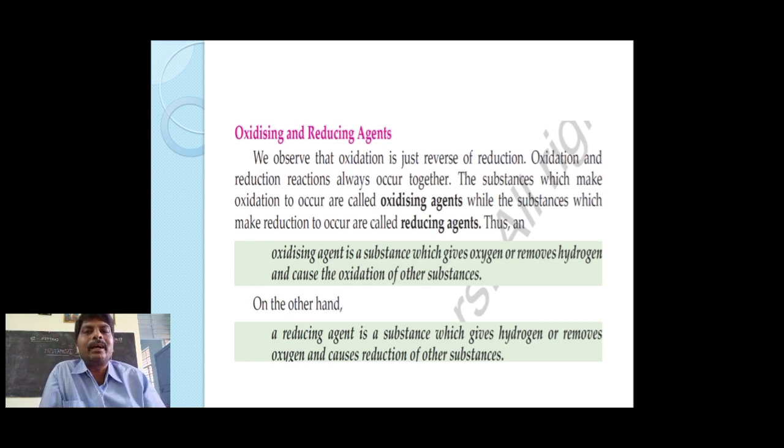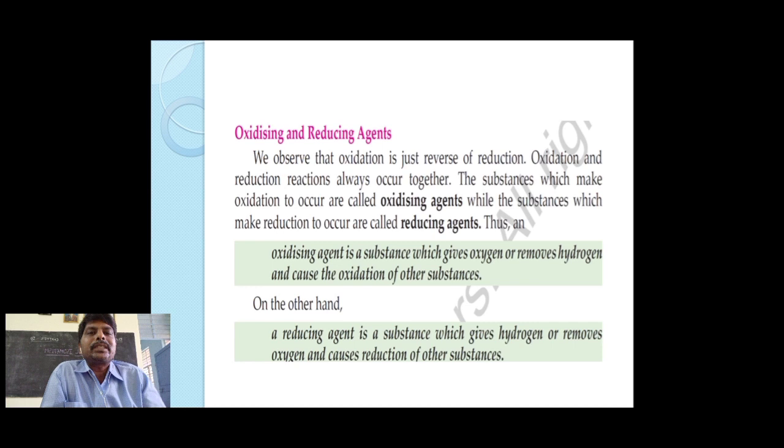Simply, the substance which supports oxidation is called an oxidizing agent. So, an oxidizing agent is a substance which gives oxygen or removes hydrogen and causes the oxidation of another substance.